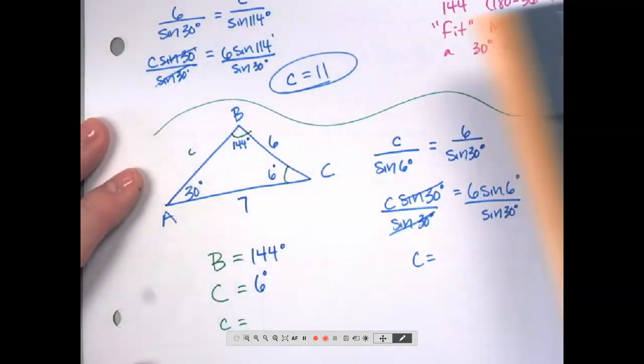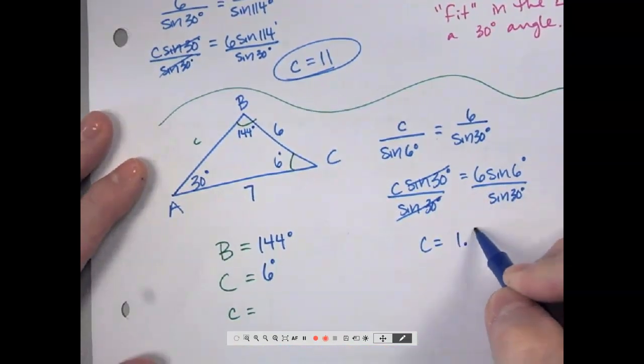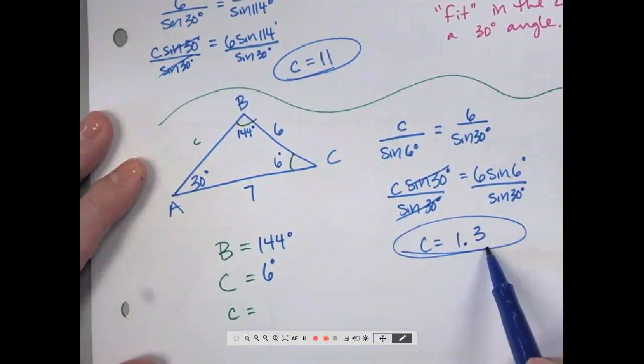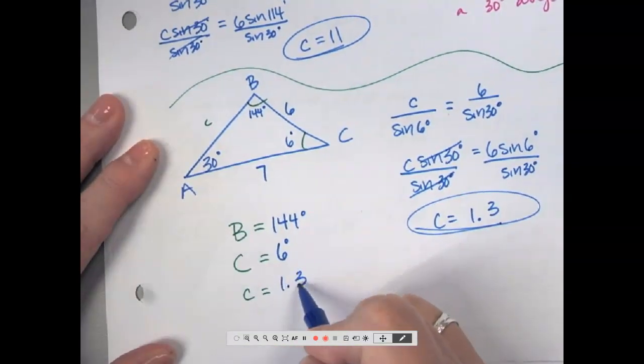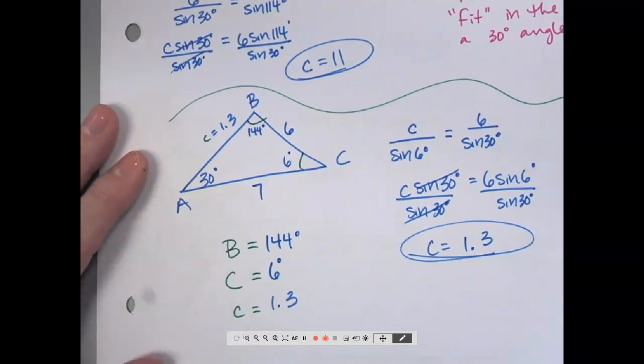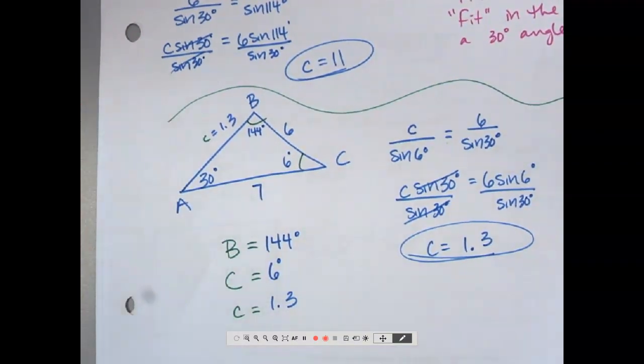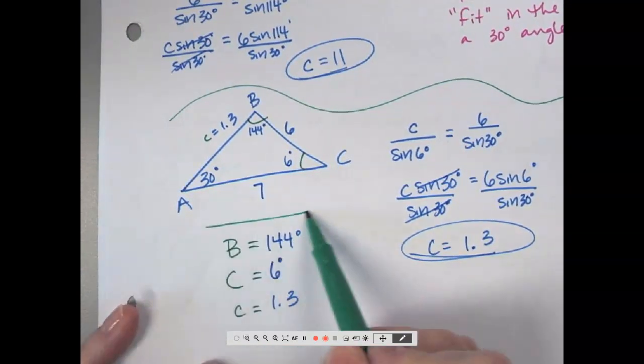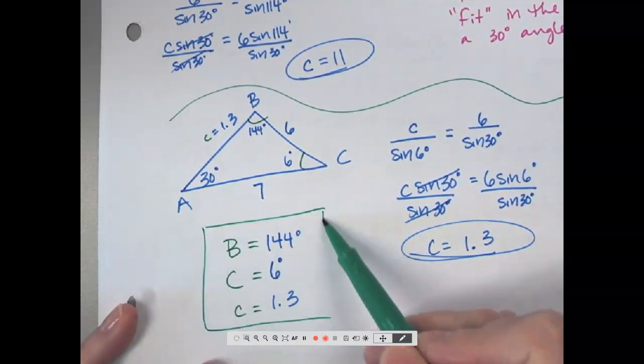And I get about 1.3. I'm going to label that and just do a quick check. Was the shortest side opposite the smallest angle? Yes. Longest side is opposite the biggest angle? Yes. So that represents triangle number 2.